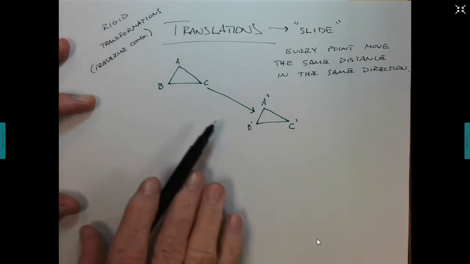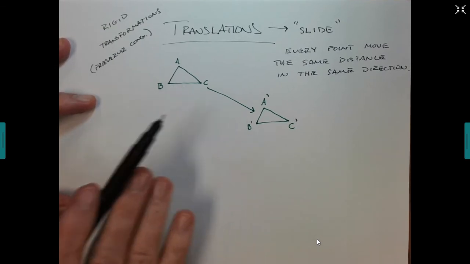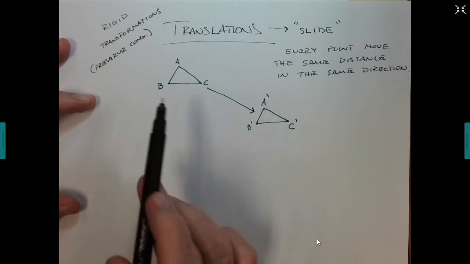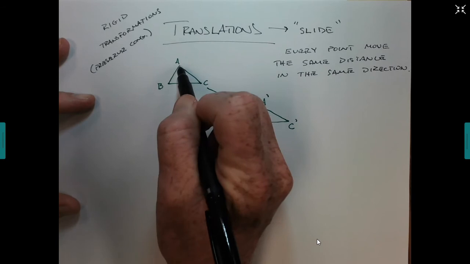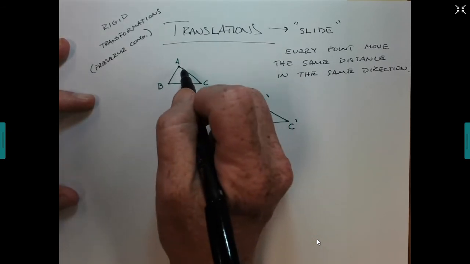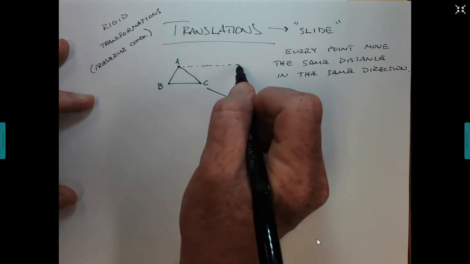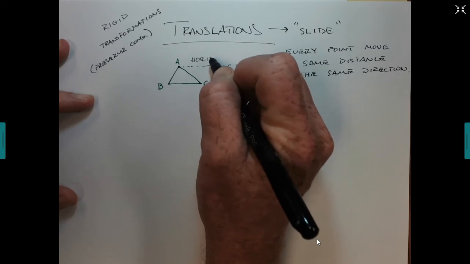Now, the problem with a translation is we don't do a very good job of explaining a diagonal move. If we were just moving horizontally or just moving vertically, we're pretty good at explaining those directions. Diagonal, as humans, we don't do a very good job. So instead of trying to explain diagonal movement, even though A went from here to there, we're going to break its movement into what's called a horizontal and vertical component.